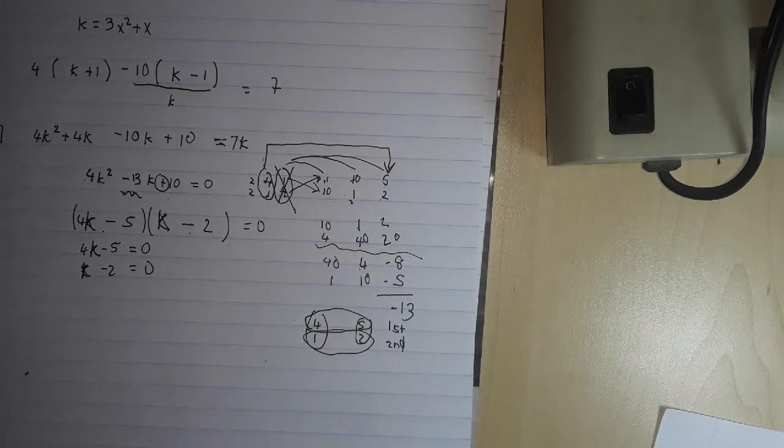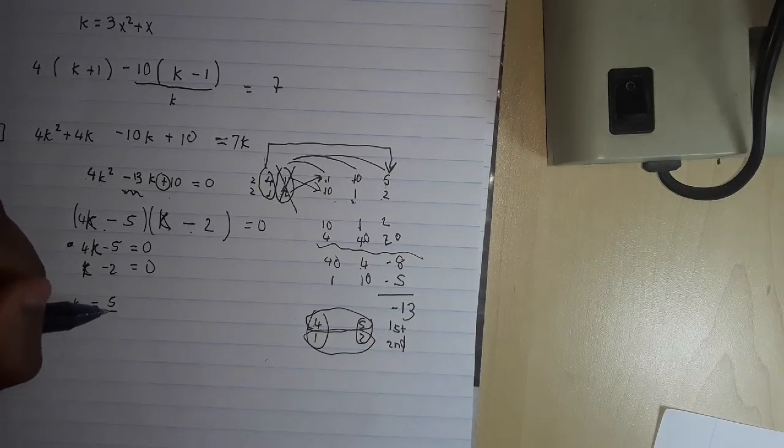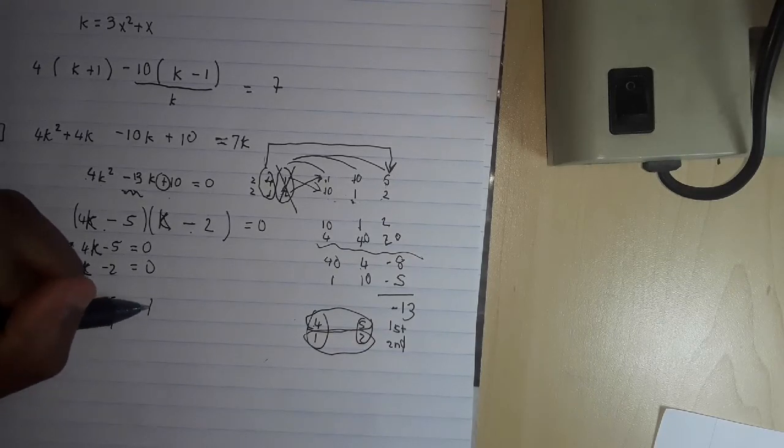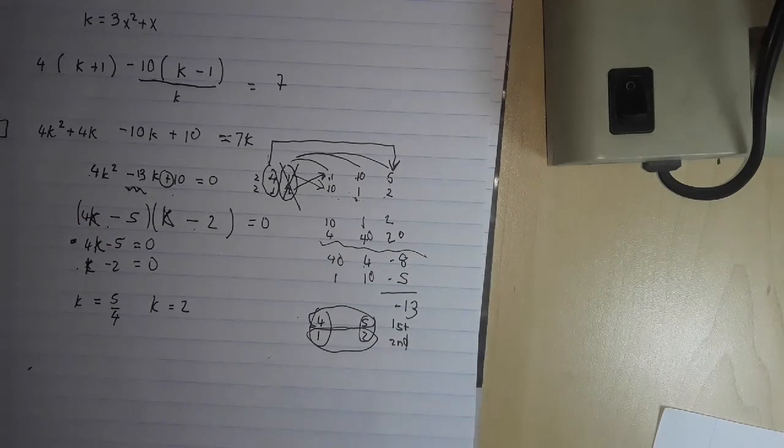And then when we solve this, we'll get k equals 5 over 4, and the other k, if we solve this, will be equal to 2. So we get two values of k, right?